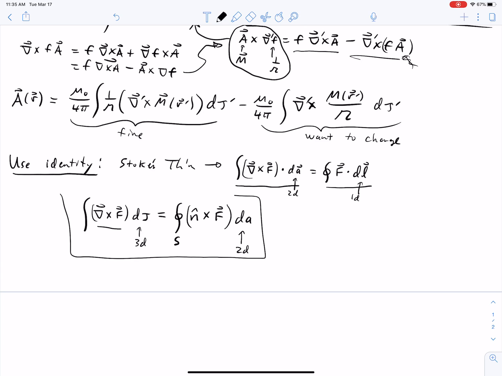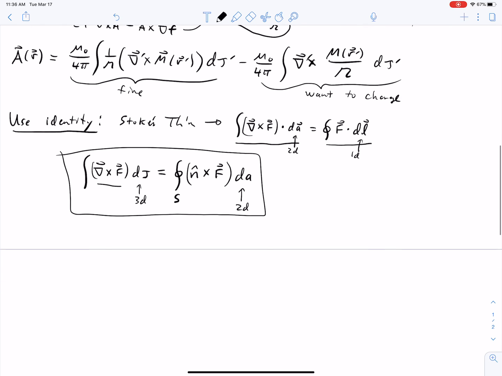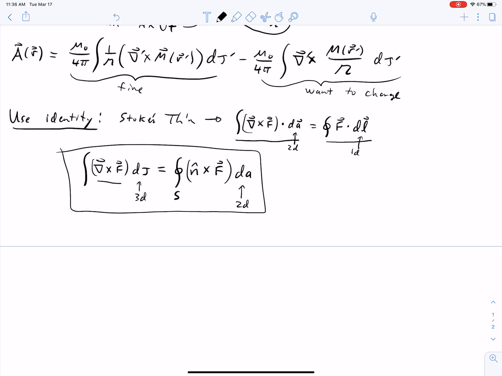That's correct. But I do want to say that I had a postdoc give this lecture once, and he was so mad at me for not deriving this that he derived it on a Post-it note and gave it to me. So I'll post the Post-it note derivation.